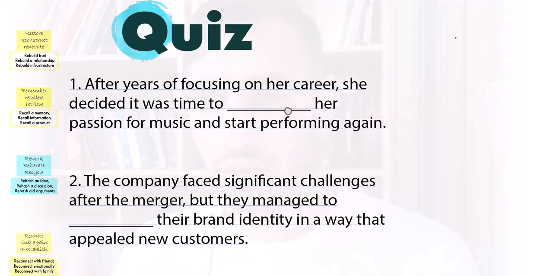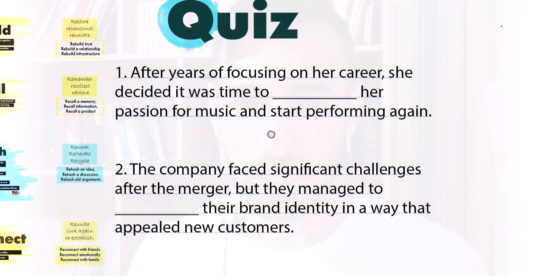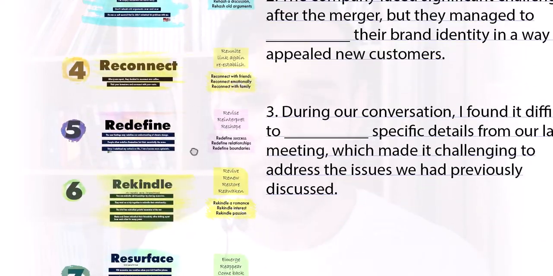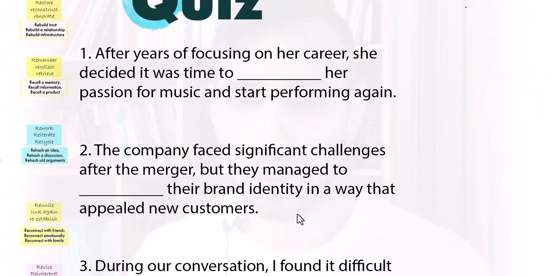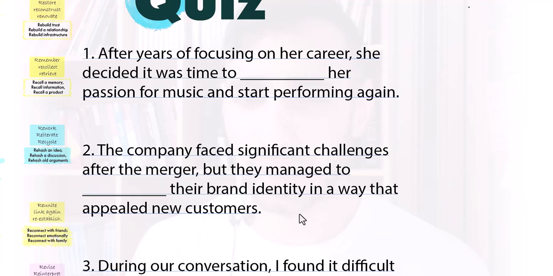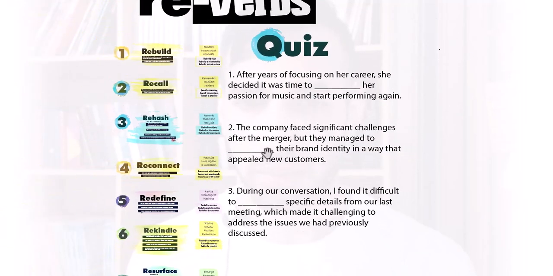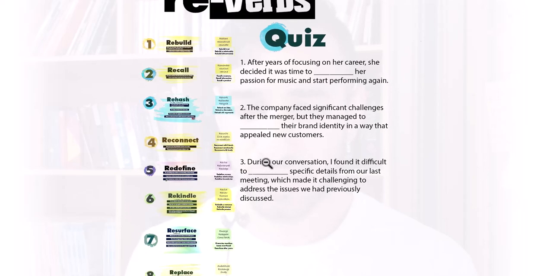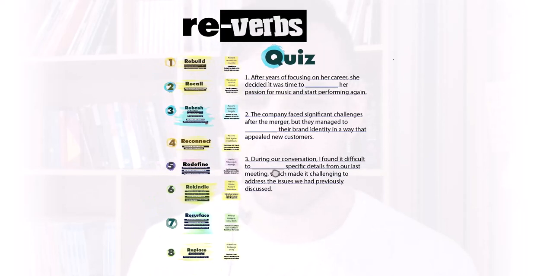After years of focusing on her career, she decided it was time to blank her passion for music and start performing again. Can you find the correct answer? Put the video on pause and find the correct answer. Rebuild, recall, rehash, reconnect, redefine, rekindle, resurface, and replace.